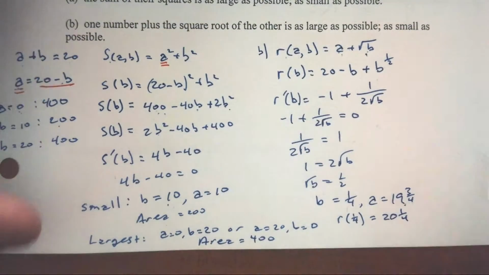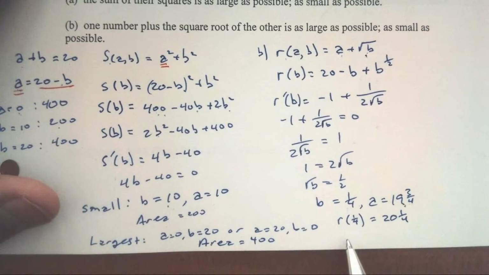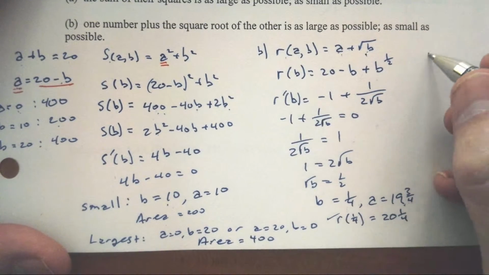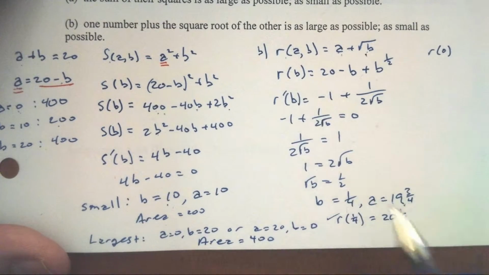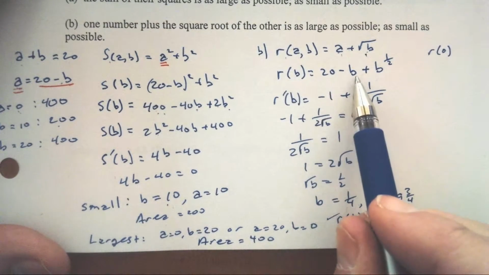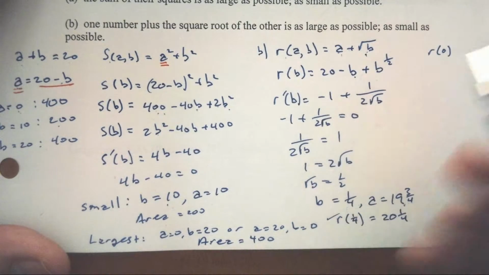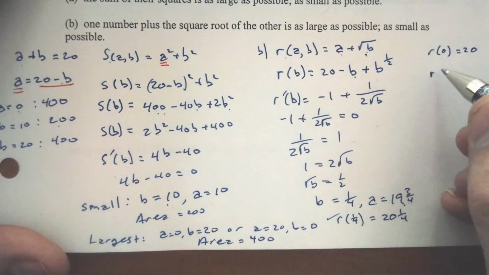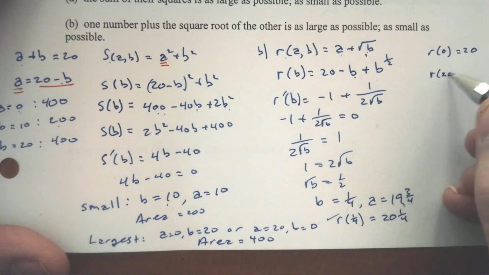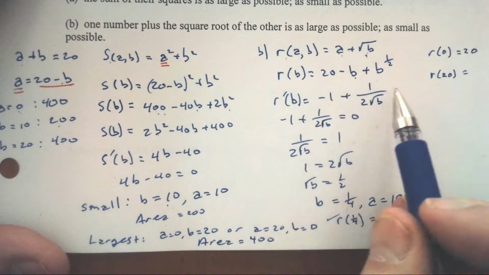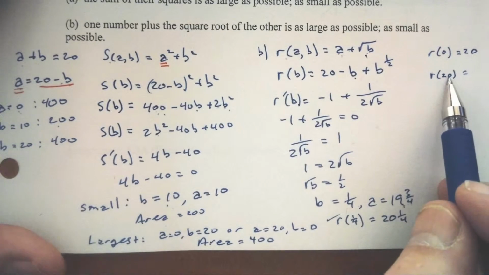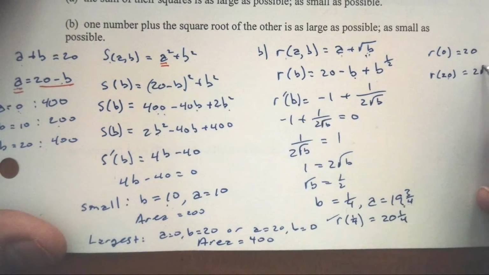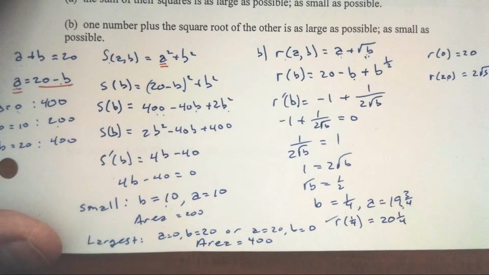Okay. Now, other things we have to consider. So we've got R of 1/4. How about R of 0? So R of 0, when B is 0, I get 0, 0, we get 20. And how about R of 20, our endpoints, when B is 20, I get square root of 20, or 2 root 5.